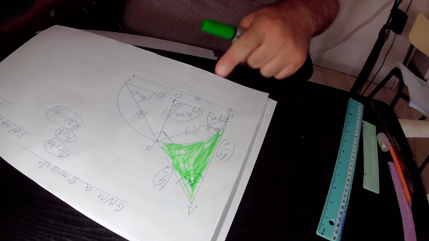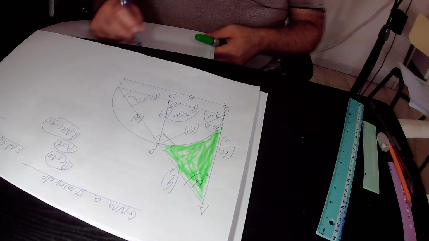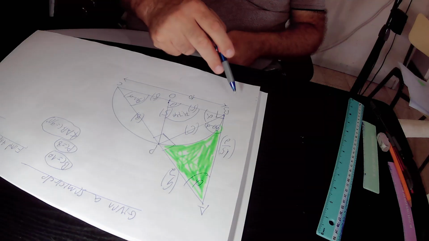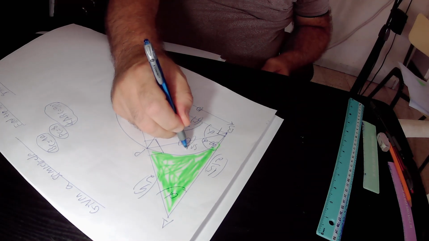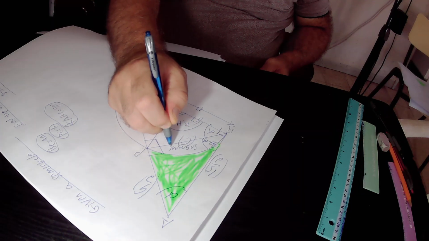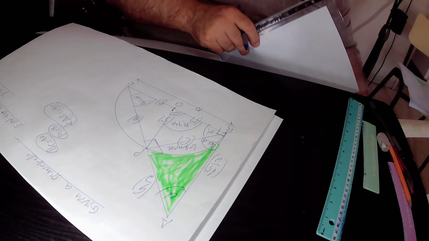Our task is to find out the area of this green shape. In order to find out the area of this green shape, we have to find out the area of this segment BP. This is segment BP. So, what is the area of segment BP?